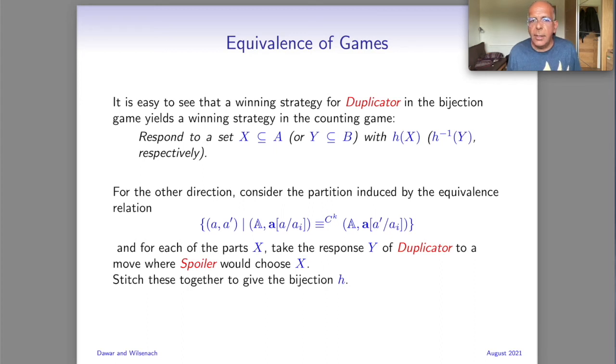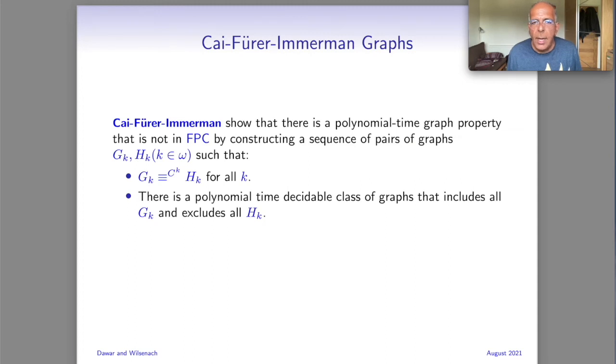And this tells us that Hella's bijection game characterizes the counting logic just like Immerman-Lander's bijection game does. And now we're ready to apply this to show that the polynomial time graph property that is not definable in FPC, the Cai-Fürer-Immerman construction.